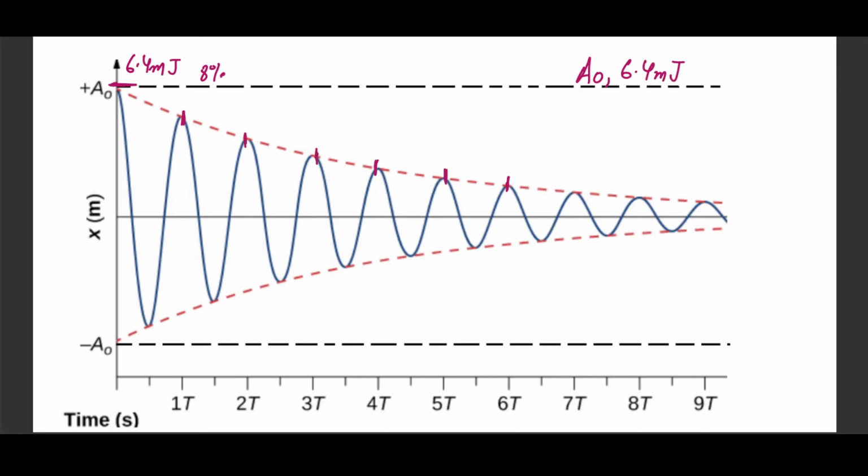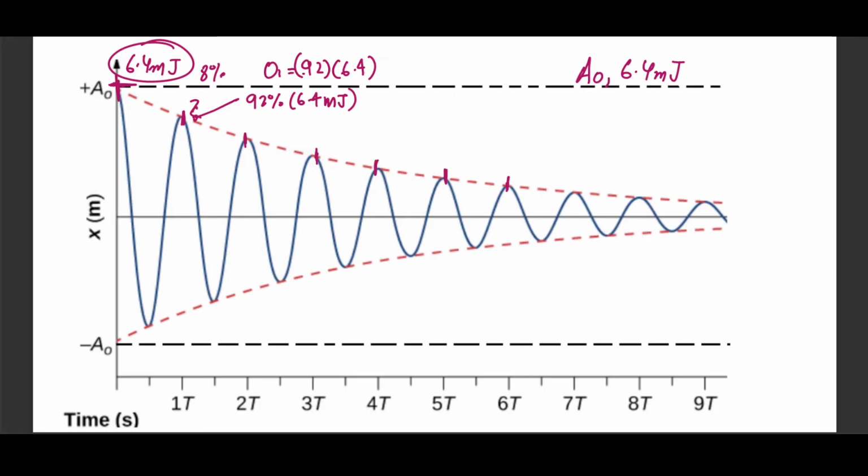So let's consider the starting point to be the maximum energy, 6.4. How much energy do you think is left at this point out of the first oscillation? Can we say that only 92% of the initial energy, which is 6.4 millijoules, is left? Let's call this the first oscillation, T1 or O1. So after O1, I only have 92% of my initial 6.4.